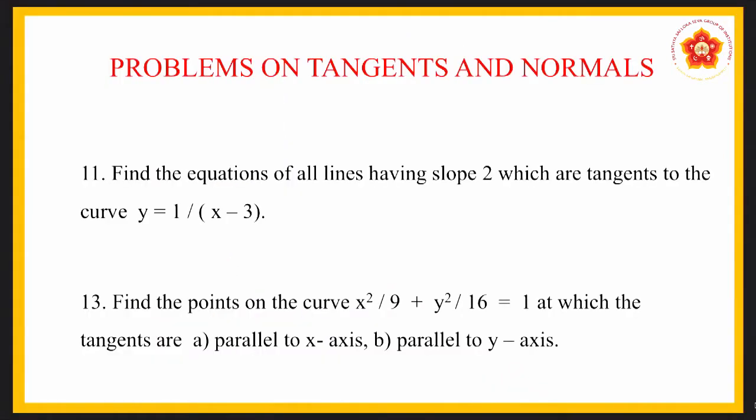Let us begin with the first problem today, the 11th one of the exercise. He says find the equations of all lines having the slope 2, which are tangents to the curve.